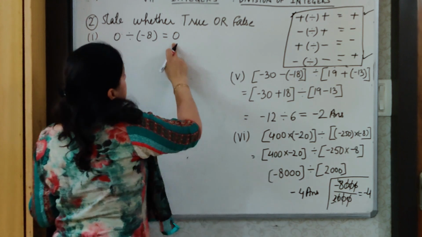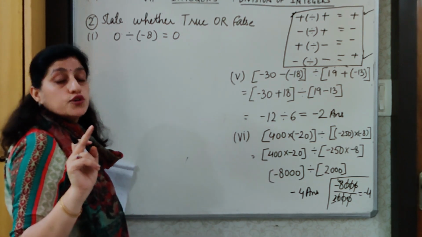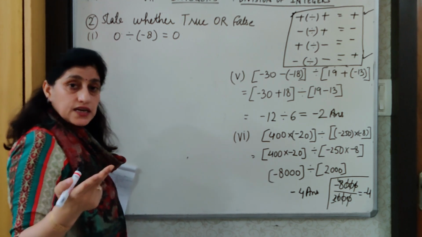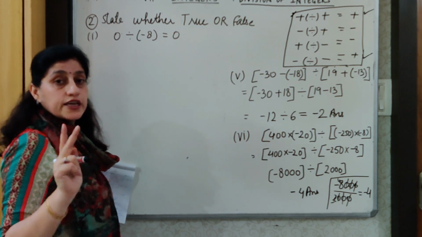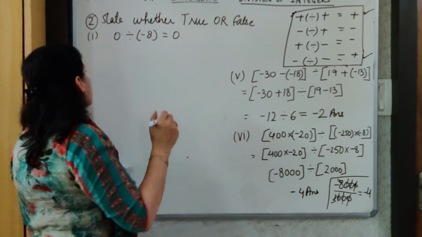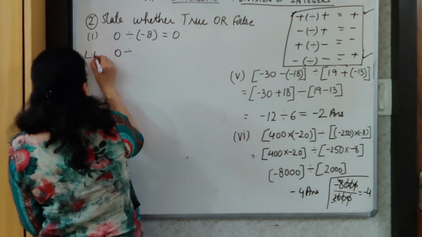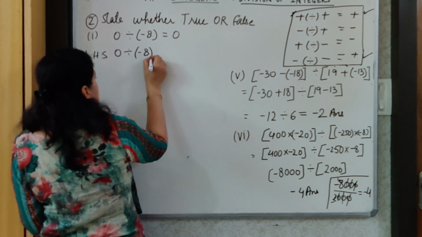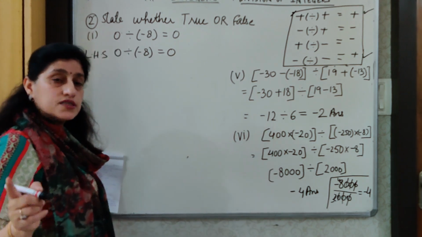Now the right hand side has an answer, so we will solve the left hand side to find out what we get. If the two sides are equal, then it is true, and if they are not equal, then the statement becomes false. So we will solve the LHS first. 0 divided by minus 8 will give me 0, because 0 divided by any number is 0.